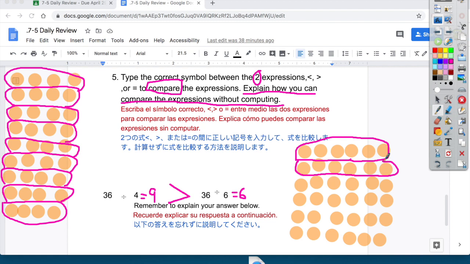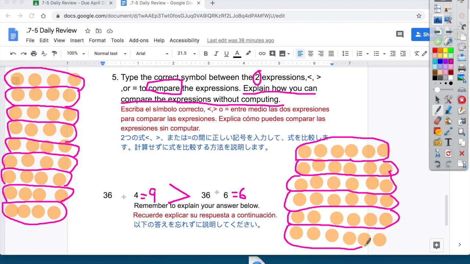You're going to have 6 groups instead of 9. So, by looking at the problem without solving it, you will know which one is greater because you're dividing by a smaller number, it's going to give you more groups.